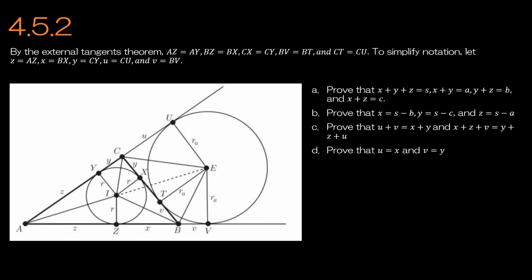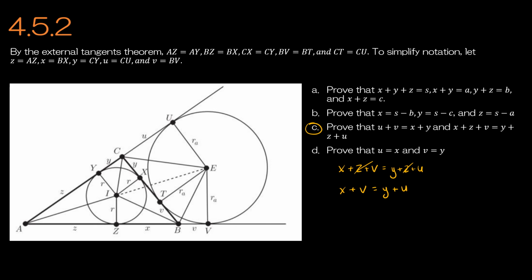For the last part of 4.5.2, we're to prove that u is equal to x and v is equal to y. So here we're just going to be utilizing things we've already shown. And that's sort of the beauty of this whole proof, is that we continue to build. So if I take a look at x plus z plus v is equal to y plus z plus u, which is from part C, and if I subtract z from each side, I get x plus v is equal to y plus u.